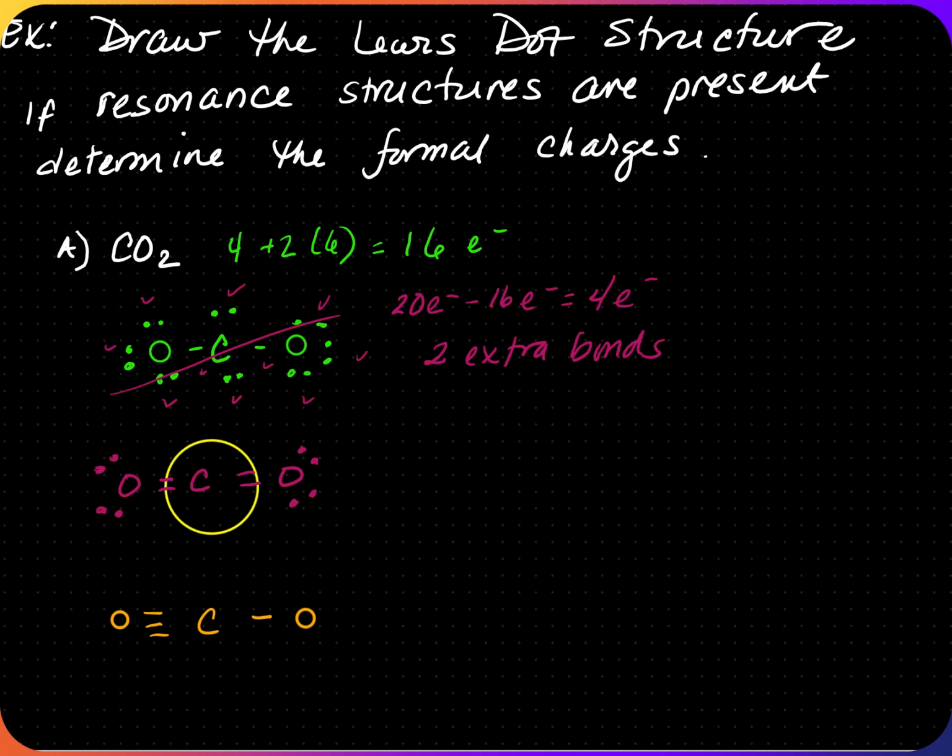Since the oxygen on the left has 3 bonds, that is 6 electrons, it only needs a pair of lone electrons, which is 2 electrons, to fulfill the octet. The carbon also has fulfilled the octet because it has 4 bonds, which is 8 electrons. The oxygen on the right has 1 bond, so it's 2 electrons, so it needs 6 more.